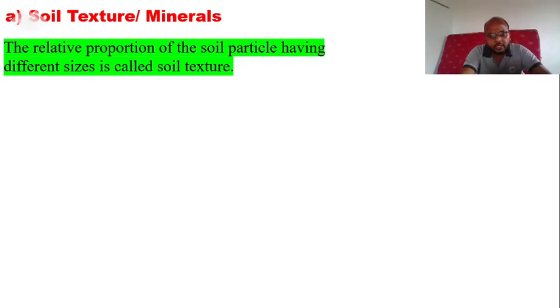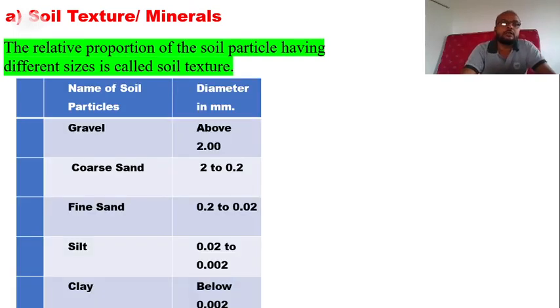Relative proportion means that in some soil there are more sand particles, and in some there are more clay particles. So this relative proportion of soil particles of different size is called soil texture. And this soil texture is important for aeration of the soil, water holding capacity of soil, and vegetative growth of the plant.